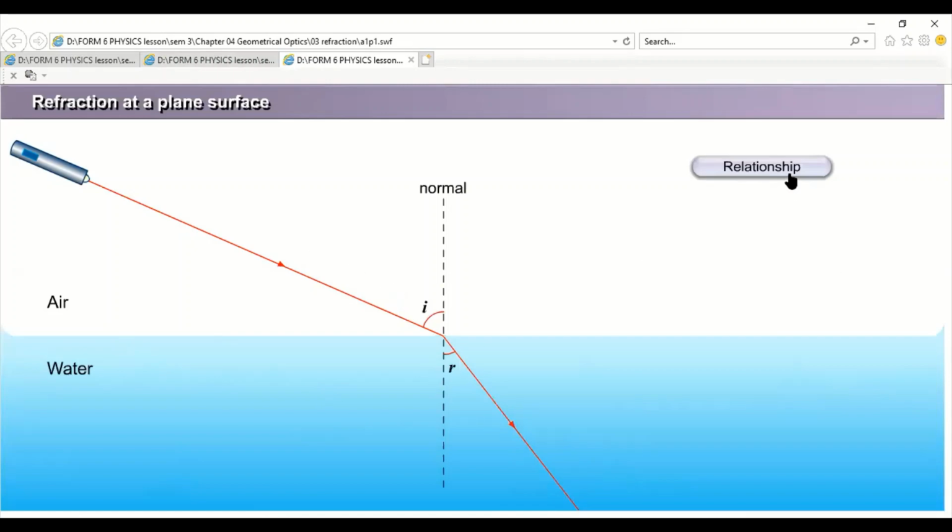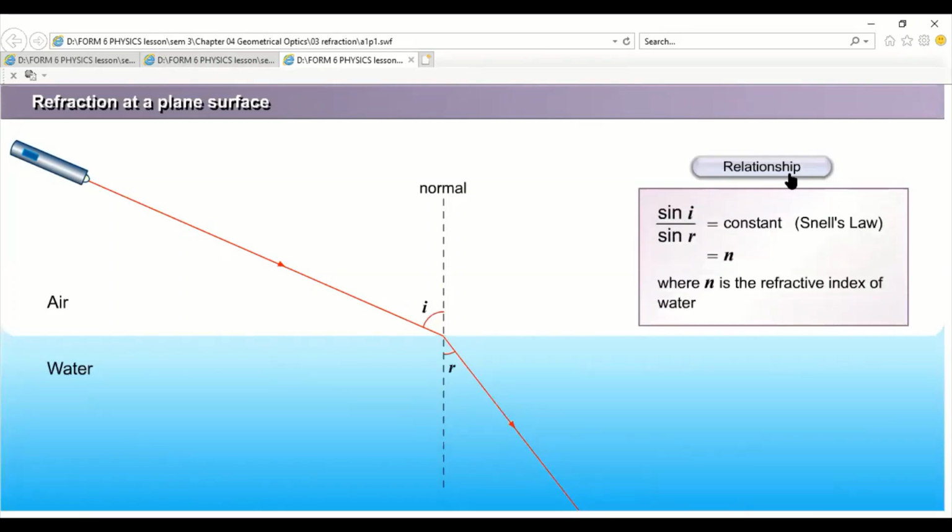The relationship between i and r, sin i over sin r, is equal to a constant, where it obeys Snell's law. According to Snell's law, sin i over sin r equals n, where n is the refractive index of water, which is a constant.